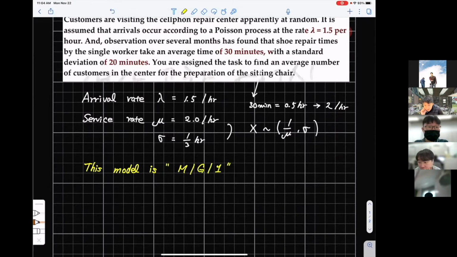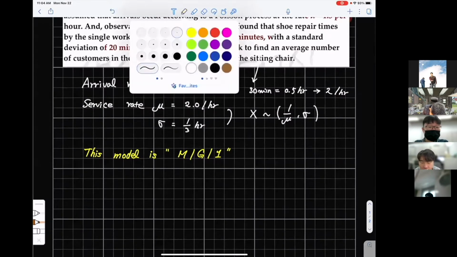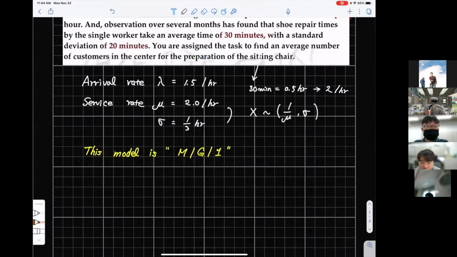And the thing that we have to find is the number of chairs.